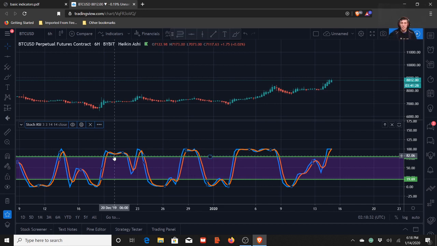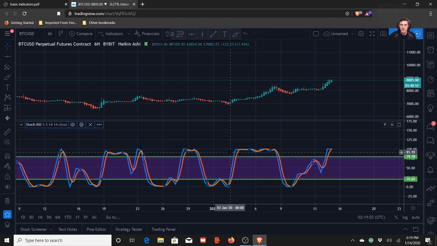In a way, you can see that, yes, we did get up here into the overbought, but we are riding it, right on top of there, and we cross, then we break down. So, watch your line crosses, and it's the same thing as the RSI, just with two lines, but we're trading them the same.